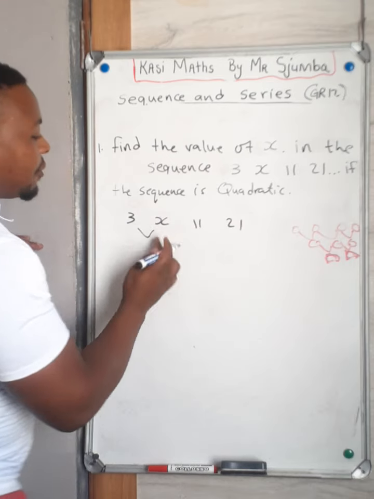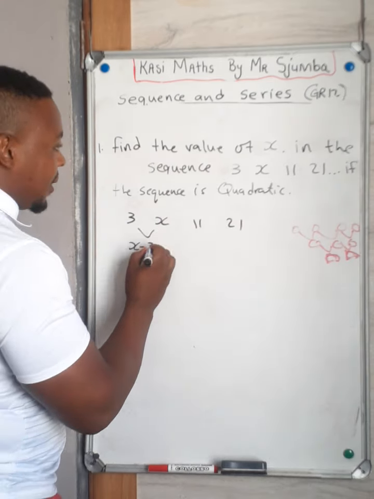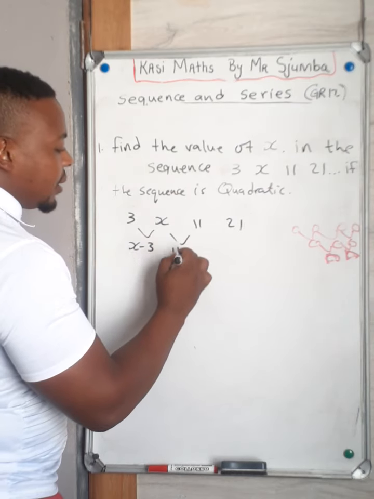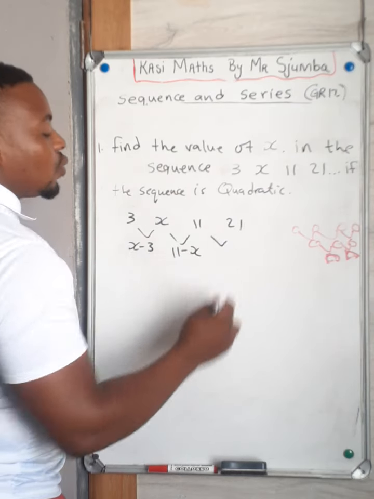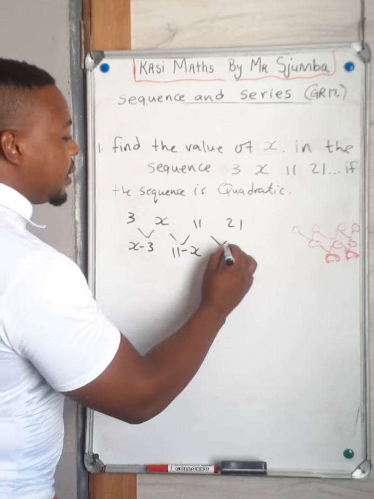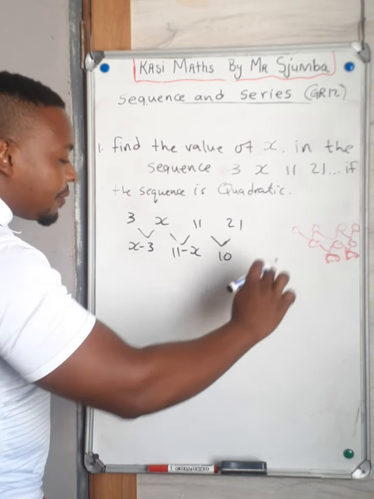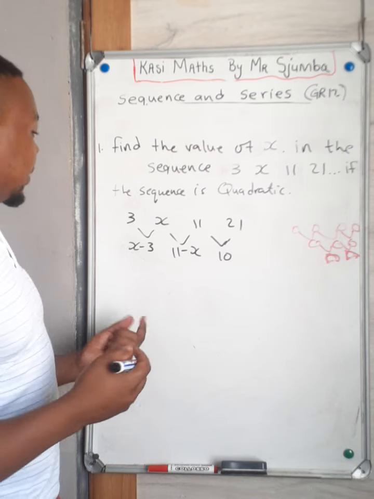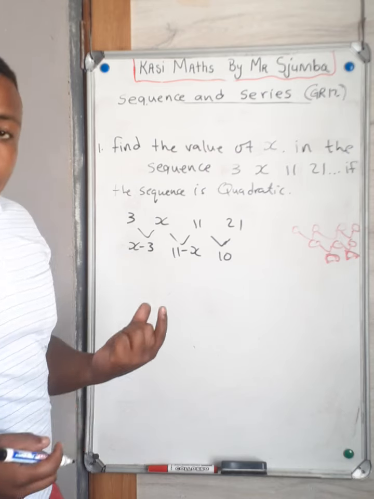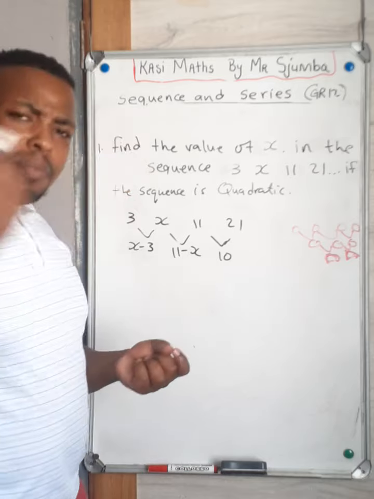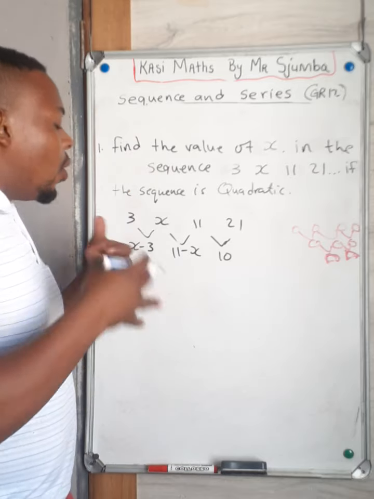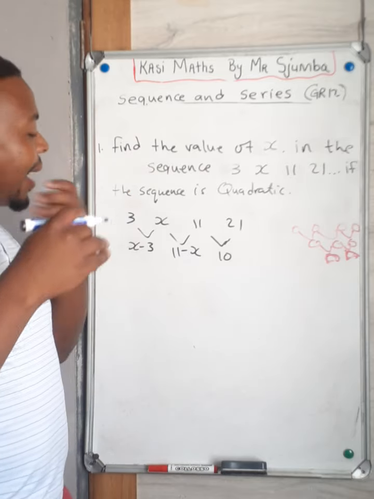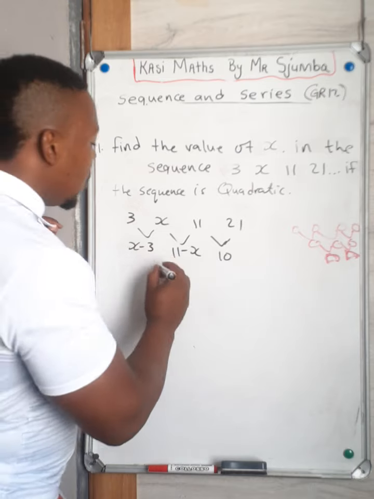So we have 3, x, 11, 21. Let's check the first differences. It's x minus 3, then 11 minus x, then 21 minus 11, which is 10. This is the first difference. If it was arithmetic, these would be equal to each other. But since it's quadratic, the only things that are equal are the second differences.